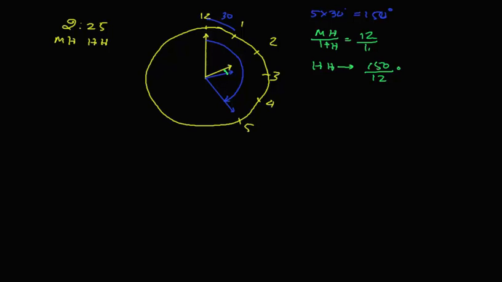But since the hour hand was already ahead this much at 2 o'clock, which is 60 degrees, this particular angle will be 150 degrees, that is the entire blue part, minus 60 degrees, because this is the angle which the hour hand was already ahead, plus 150 by 12. If you solve it, you'll get 77.5 degrees.